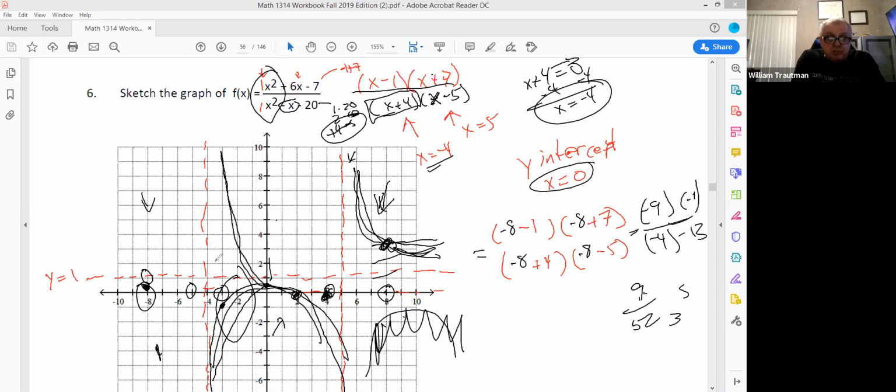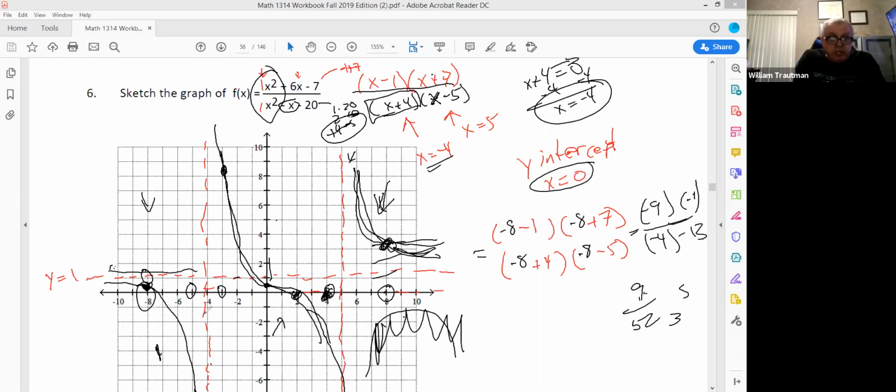Like I said, sometimes the graph will go through a horizontal asymptote. So if I had done a -3 test point, I would have seen the graph was way up there. And this one is exactly as we predicted. The graph can't cross.